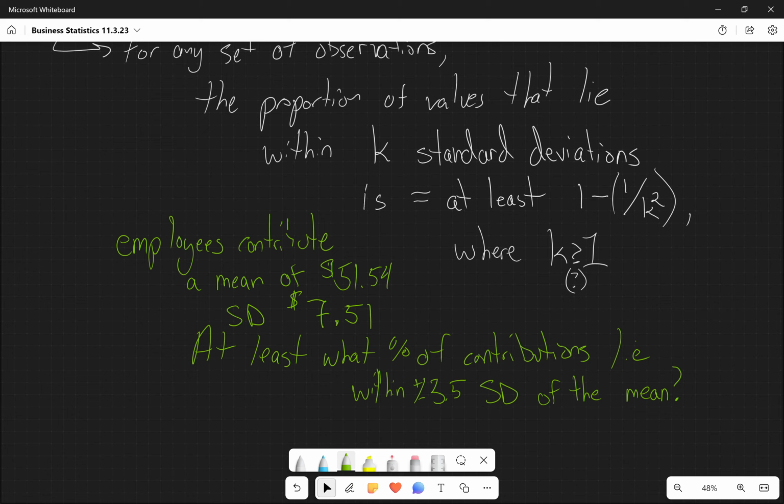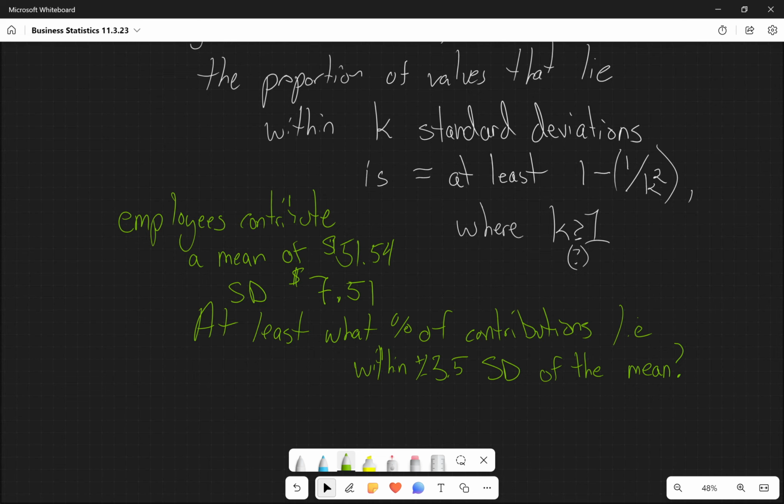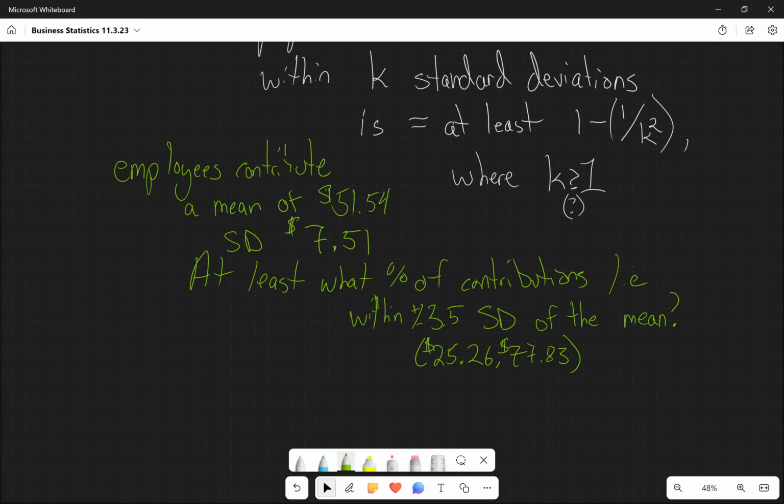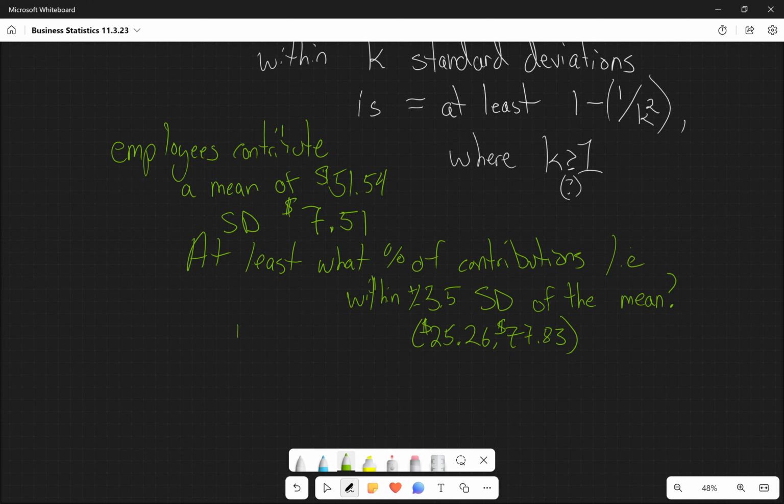So, for instance, 51.54 minus 3.5 times 7.51 is going to be $25.26, and then 51.54 plus 3.5 times 7.51 is going to give us $77.83. So we're trying to figure out what percentage contributes in that range.